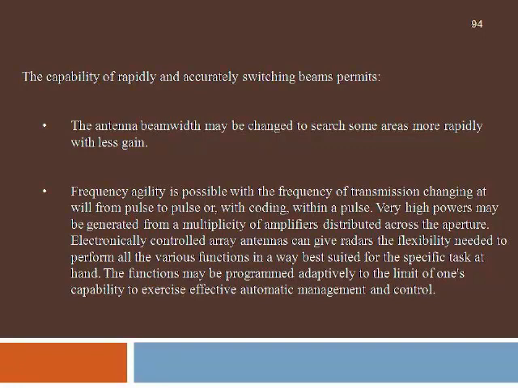Electronically controlled array antennas can give radars the flexibility needed to perform all the various functions in a way best suited for the specific task at hand.